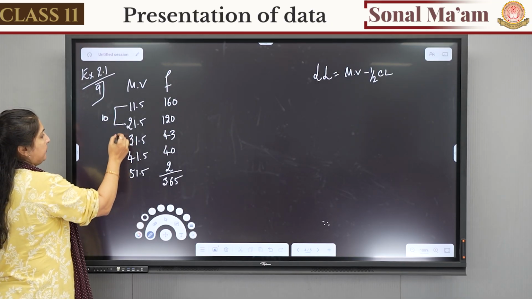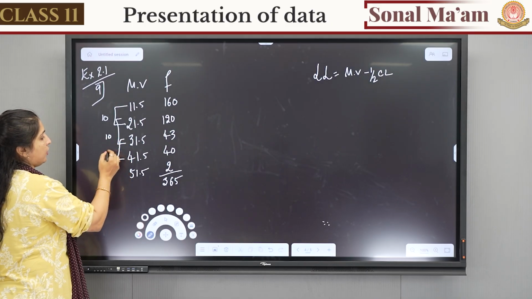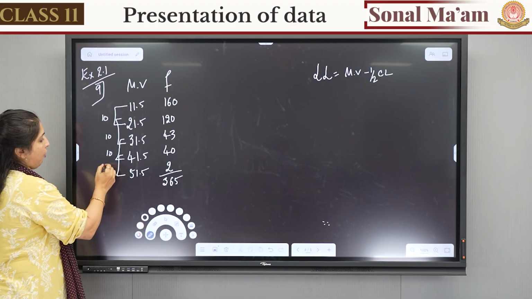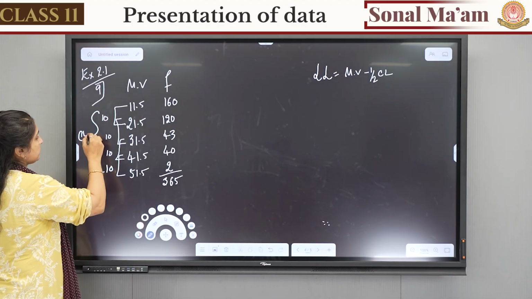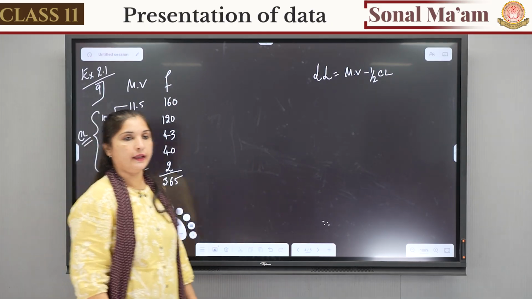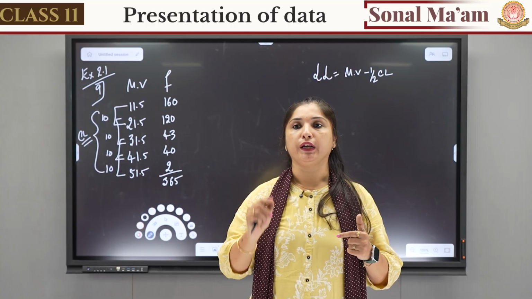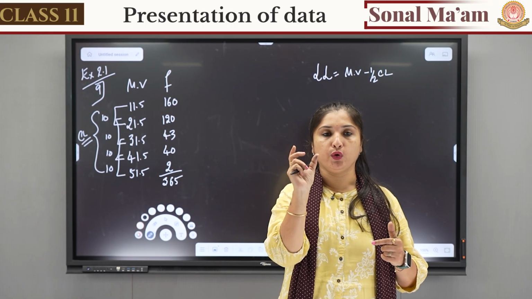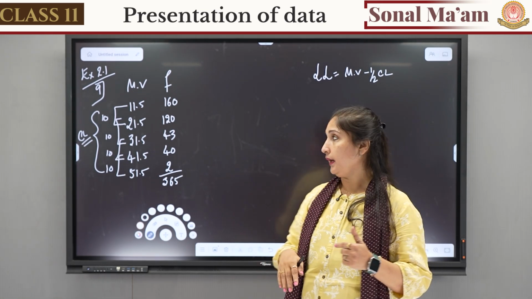Is the gap the same 10 between these two also? Yes. And up to 51.5, all the gaps are the same. This means this 10 is my class length. And when class length is the same, you don't need to find it every time. Once you get the first class, you can easily assume that we have to take the gap of 10.